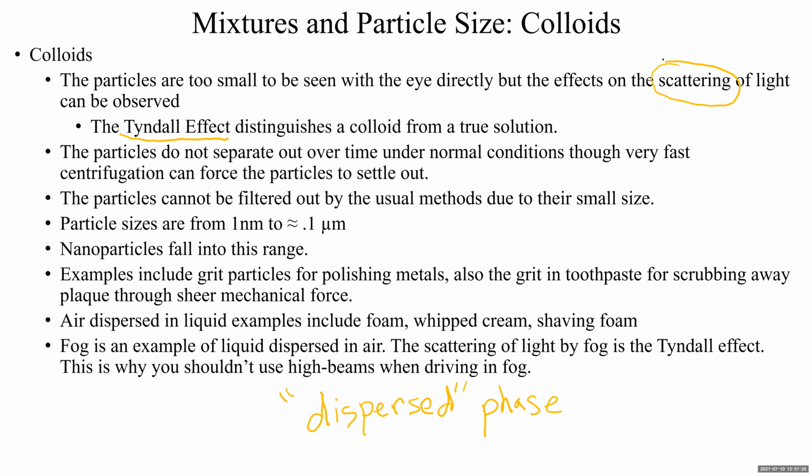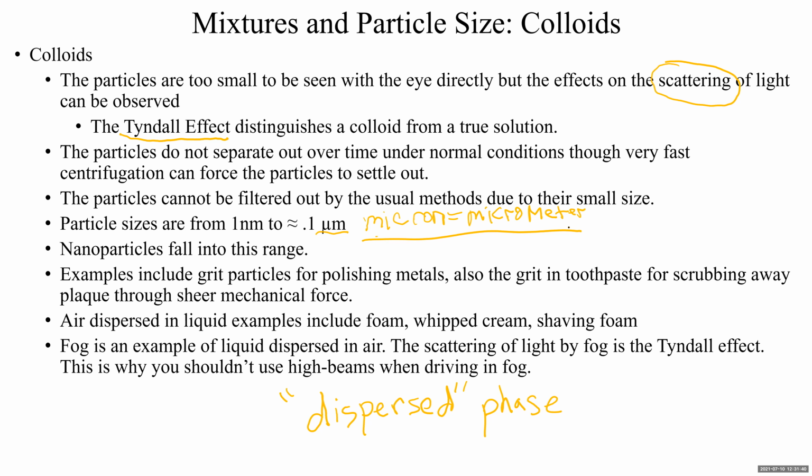Just FYI, remember, I mentioned this before, a micron is another way of referring to the word micrometer. Most people will say micron, but they really mean the same thing. So 1/10 of a micrometer.